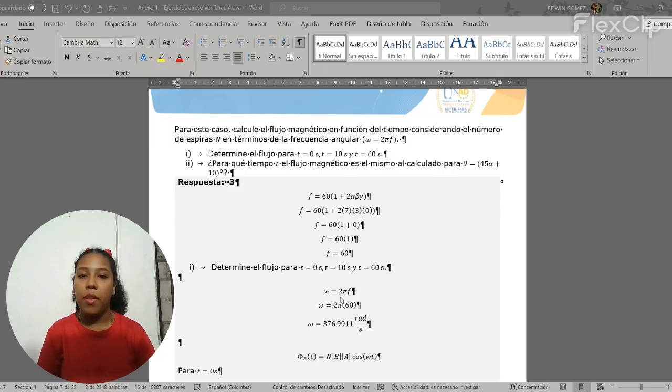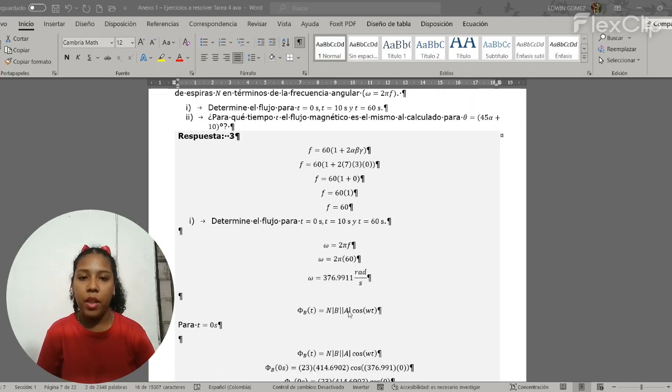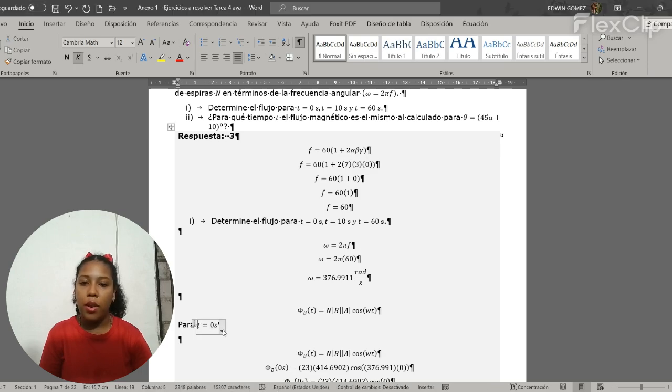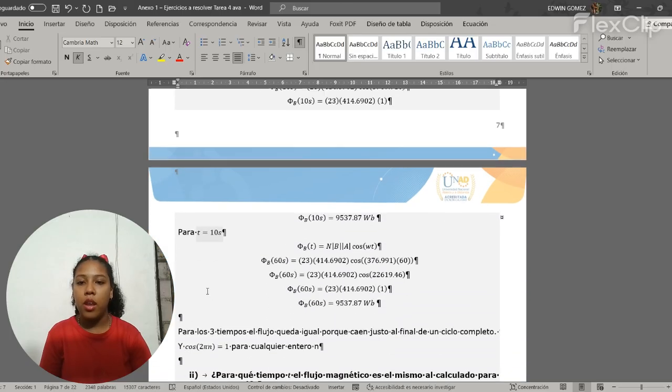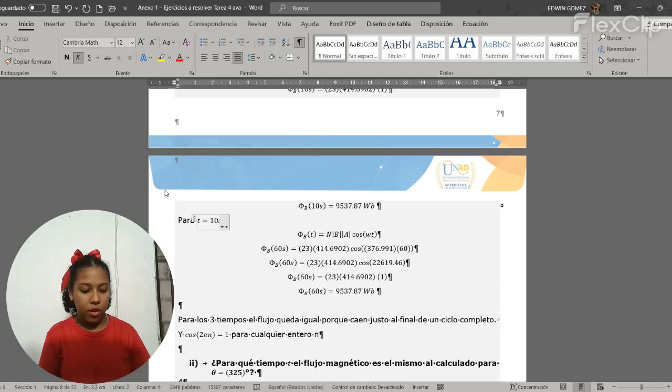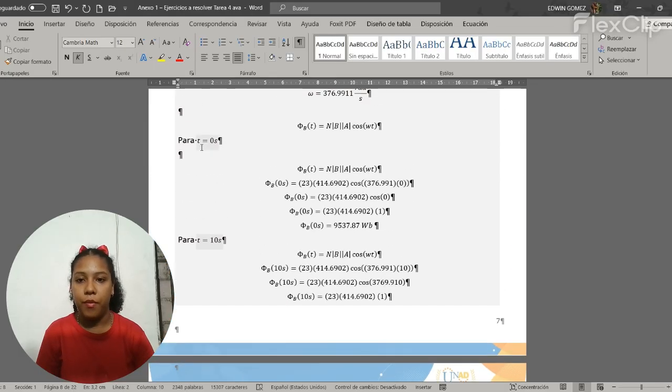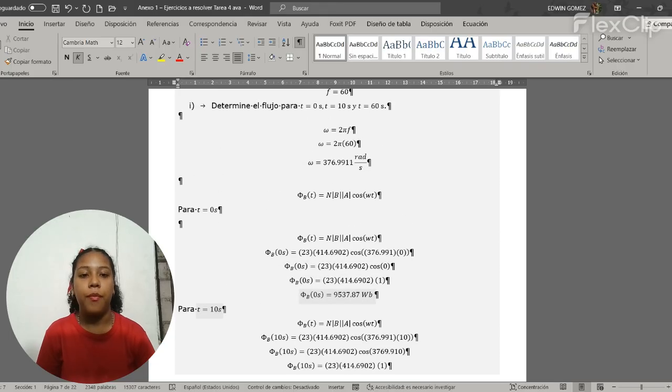With this, the magnetic flux becomes a cosine function of time. The flux is evaluated at three specific moments: t equals 0, t equals 10, and t equals 17 seconds.